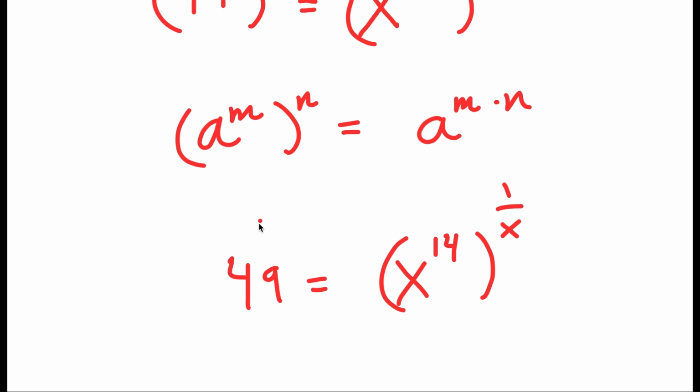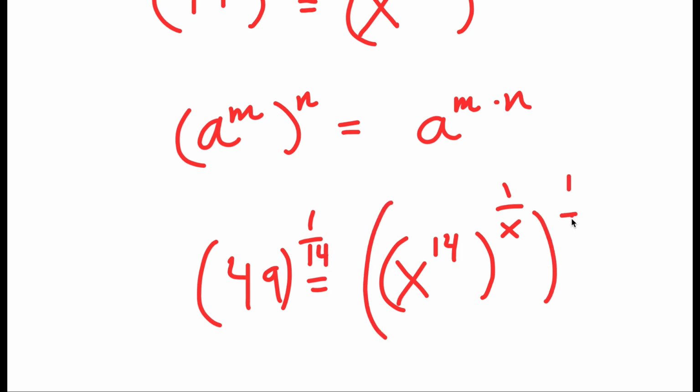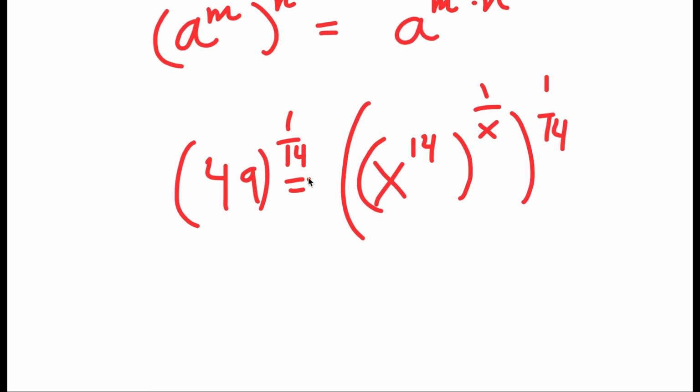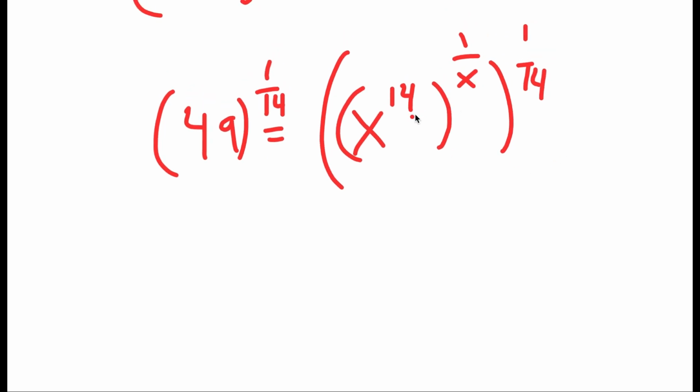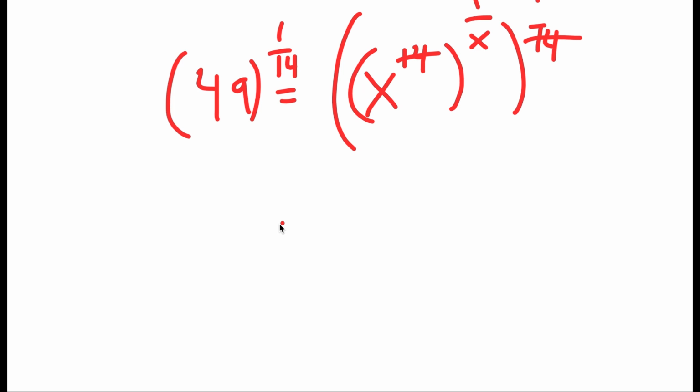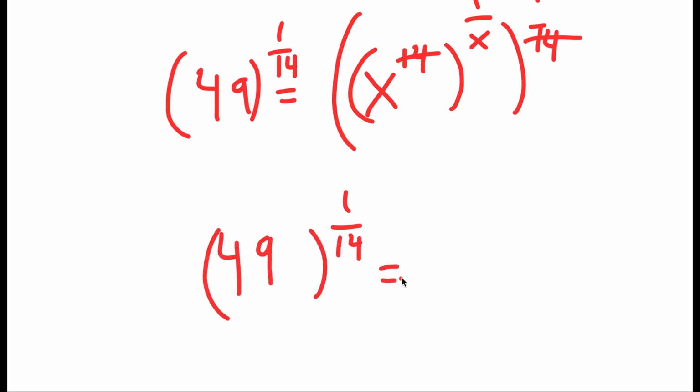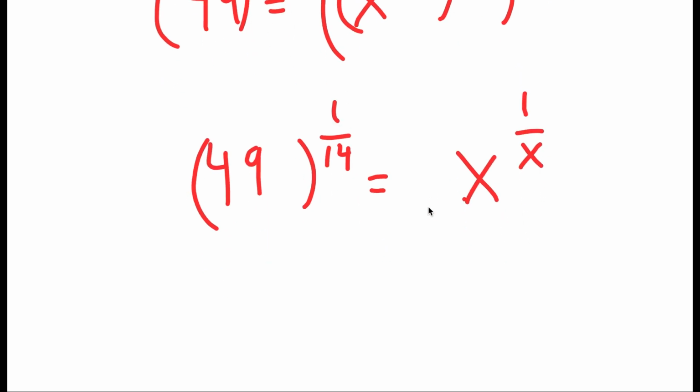Now I'm going to take the power of 1 over 14 on both sides. So now these two are going to cancel out, and I'm left with 49 to the power of 1 over 14 is equal to x to the power of 1 over x.